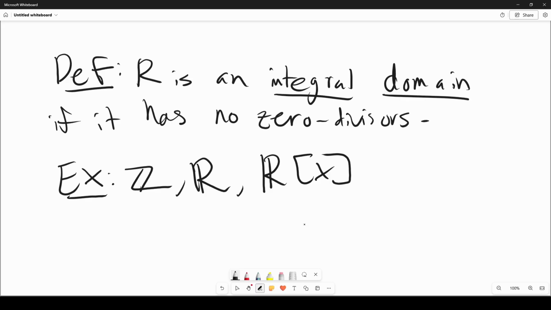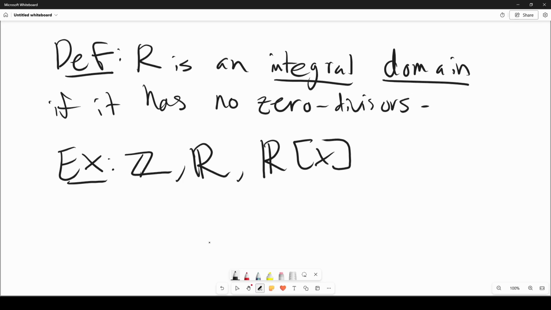In fact, for most of the ring theory you'll study from now on, you'll work with integral domains. Especially if you go off to study algebraic number theory, or Galois theory, you'll be working with a lot of fields which are integral domains, stuff like that.